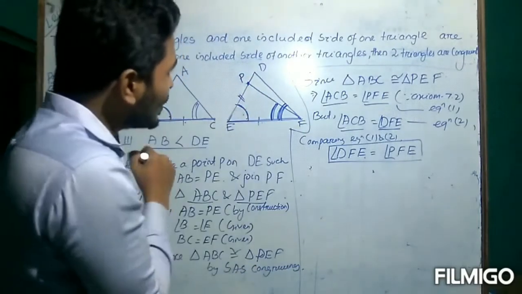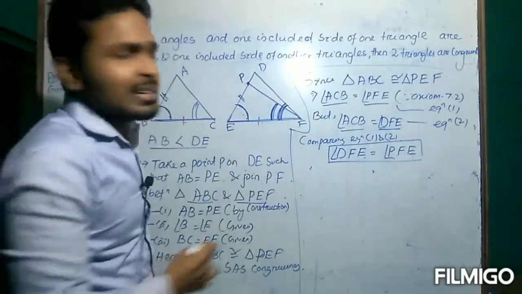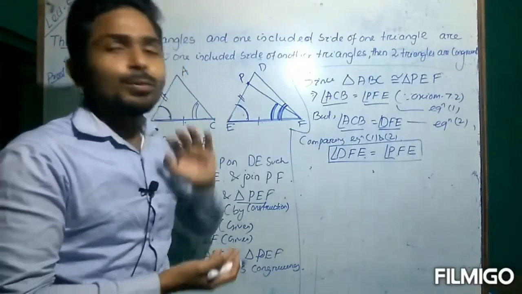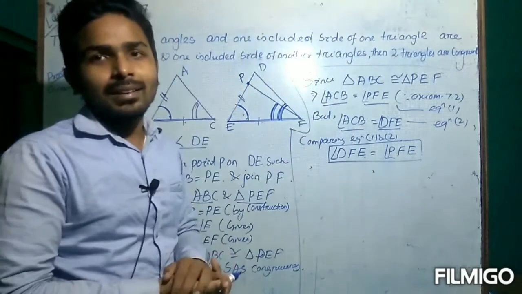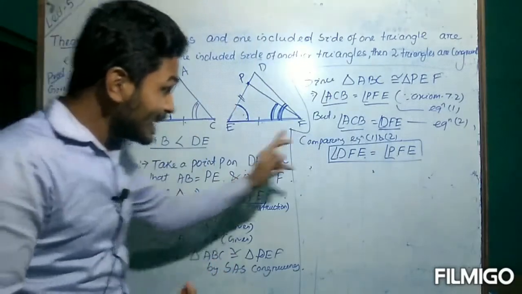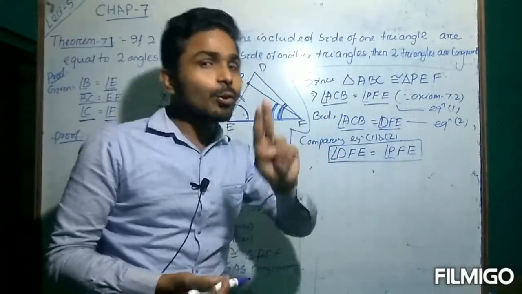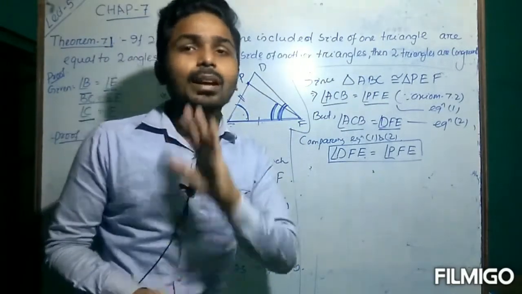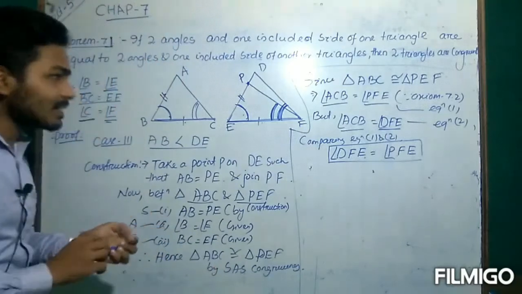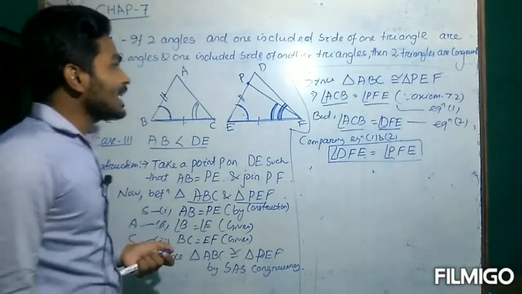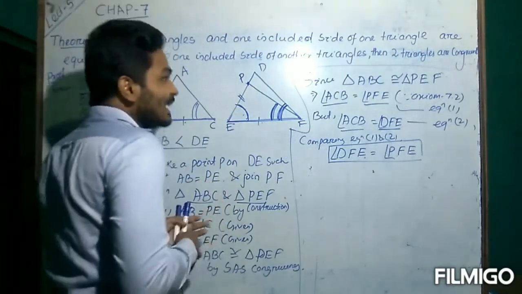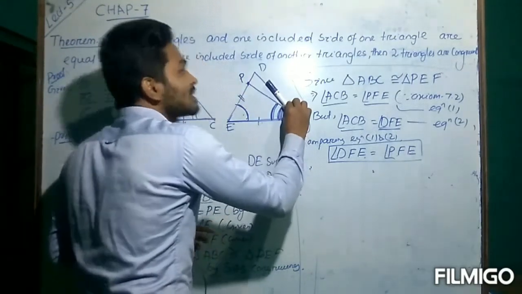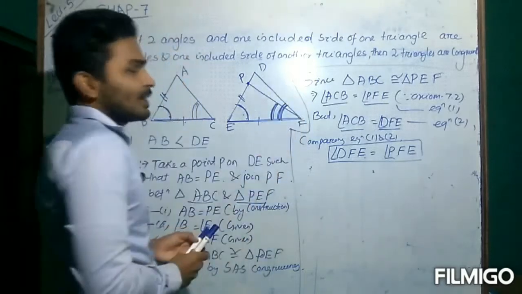But if we look at this, we can see this is the larger angle and this is the smaller angle. Then how can they be equal? But we have proved already that they are equal. That means they will be equal if they follow a condition. What is that condition? The condition is that if we shift this side PF to this side DF.